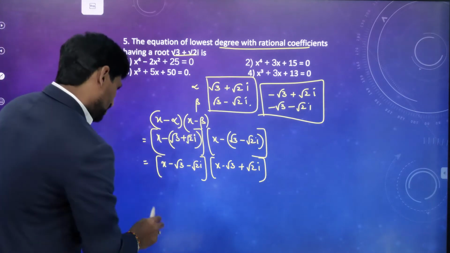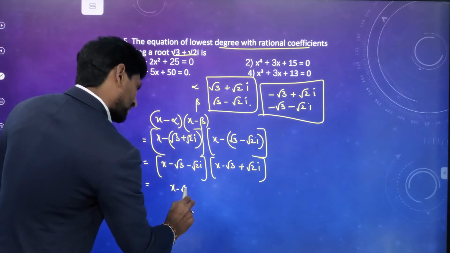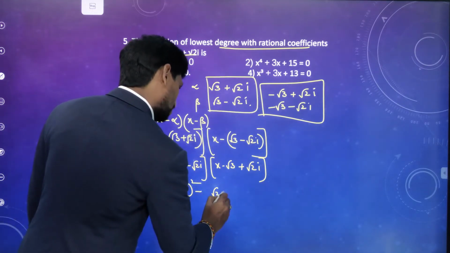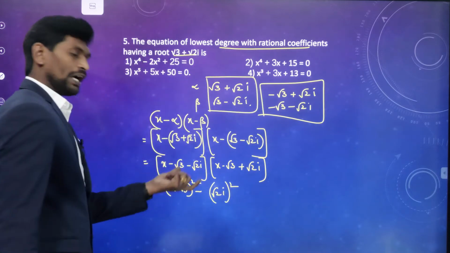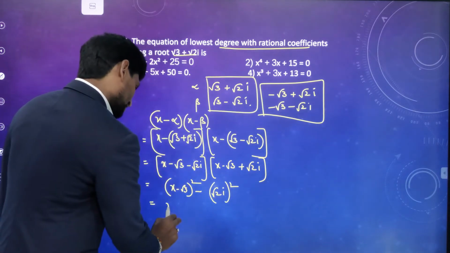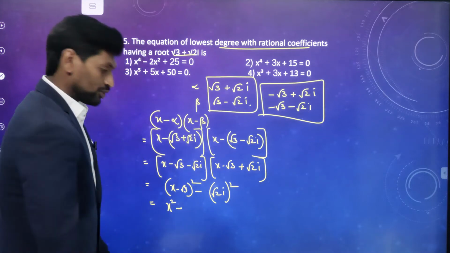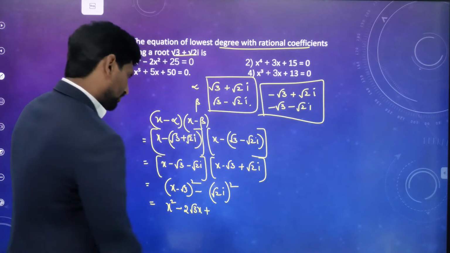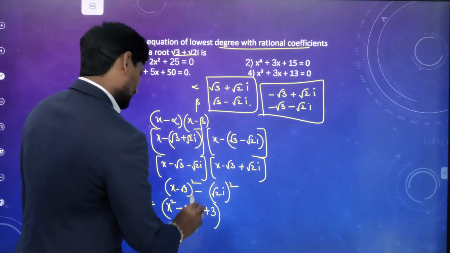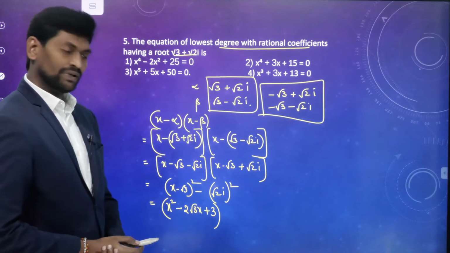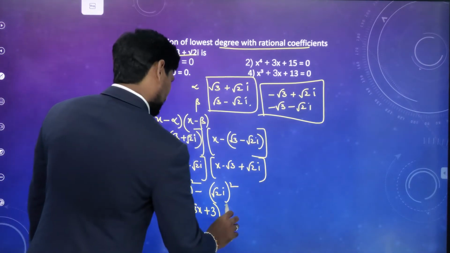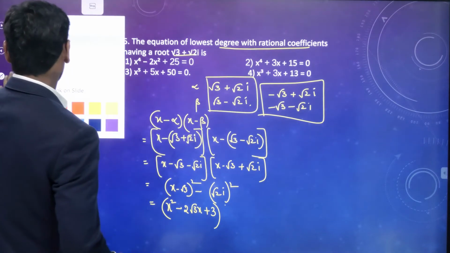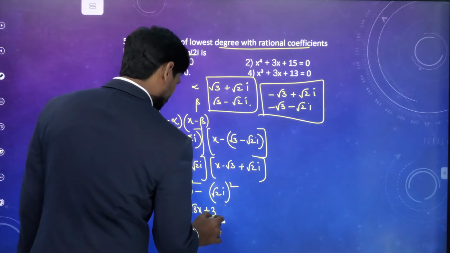Okay, here a square is x minus root 3 whole square, minus b square, that means root 2i whole square. So apply the a minus b whole square formula here. a square means x square, minus 2ab, that means 2 root 3 into x, plus b square. Root 3 whole square means 3. So x square minus 2 root 3 x plus 3, minus, the minus symbol is also there here.